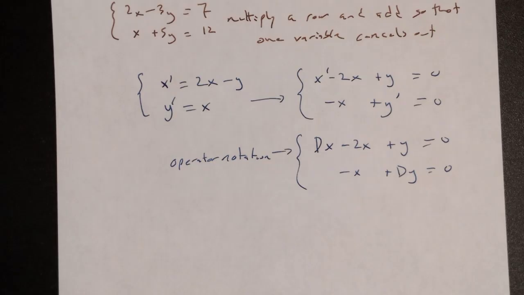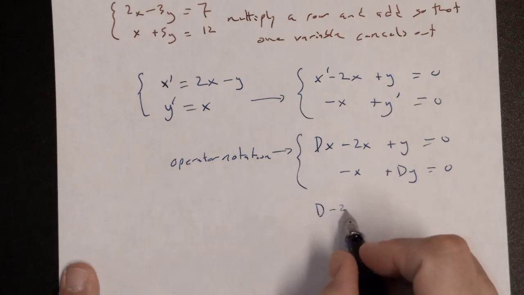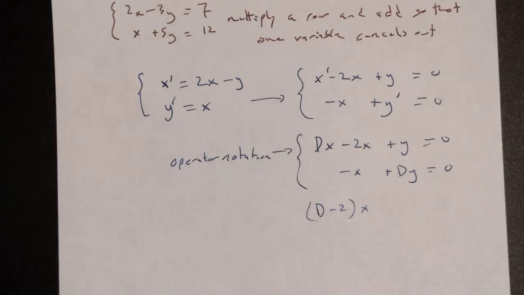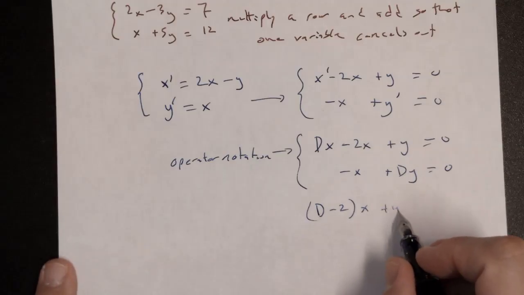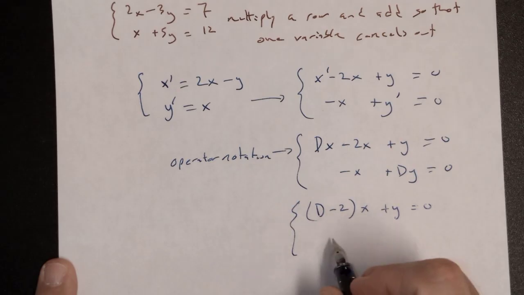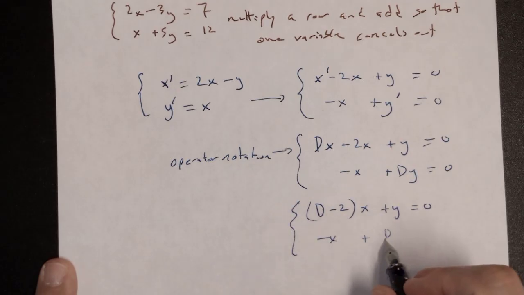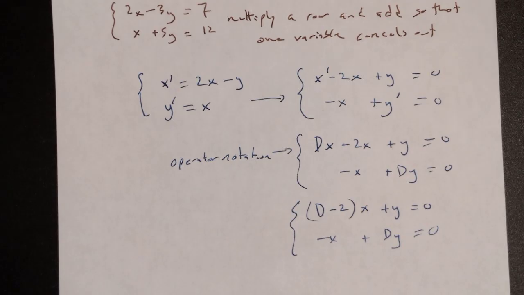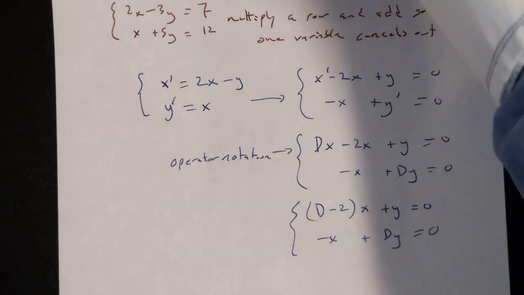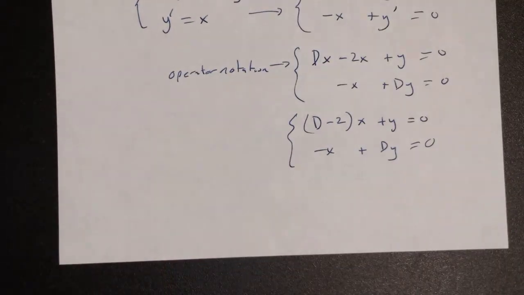I can think of combining the operators and writing this part of this equation, d minus 2, operate on x. With me so far?